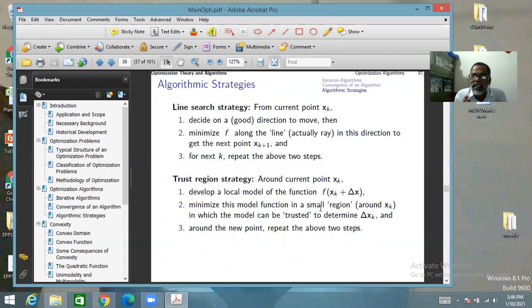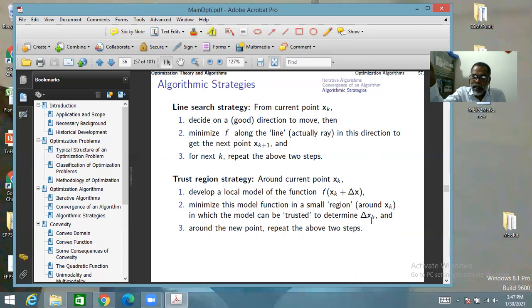You minimize it in a small region around the current point in which the model can be trusted. If the region is small enough around xk, then whatever model you have built based on the information about the function around xk will be quite close to the actual function in that little region. So that region is a trust region. In that trust region, you minimize this model function to determine delta xk, and then apply that step to go there.